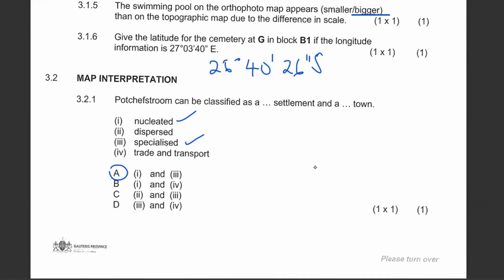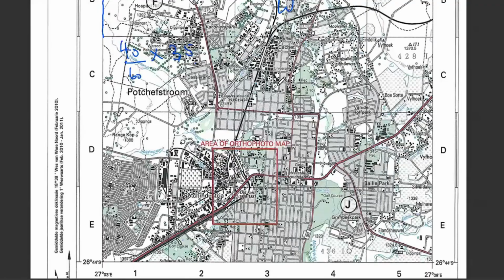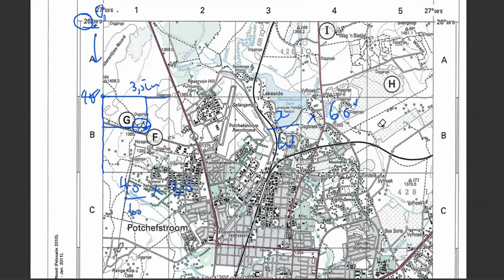Right, moving on to the next question. Identify the land use in block A5 at H. Right, we're using the topographic map. We go to our map. We want to identify the area. At H, our H is there in block A5 to the extreme northeast corner.